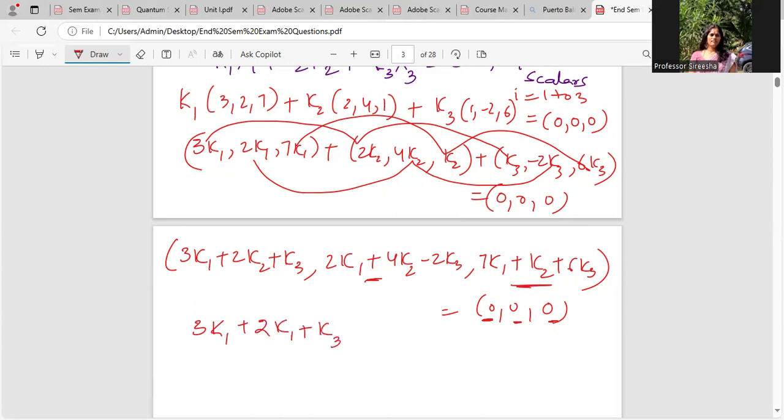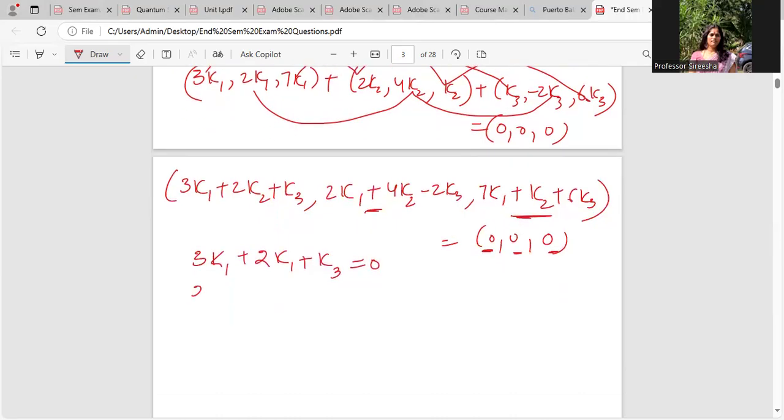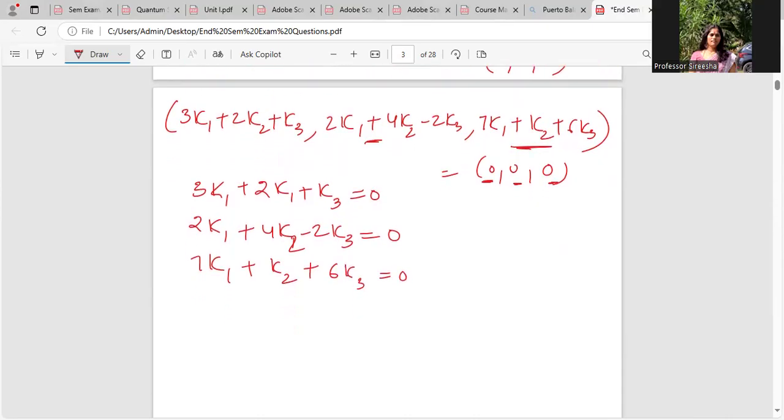I can directly solve them if the system is simple. Otherwise, I'll go by solving with echelon form. So 2k1 plus 4k2 minus 2k3 is equal to 0. 7k1 plus k2 plus 6k3 is equal to 0. Rewrite it in matrix format. Since it is a homogeneous system, I can just find the rank of the coefficient matrix.